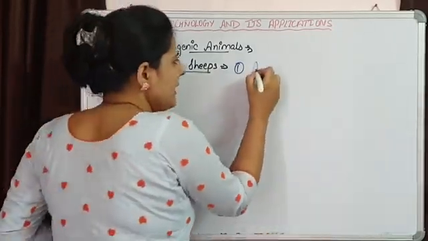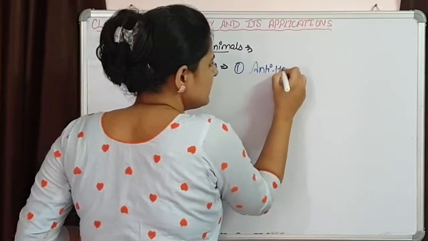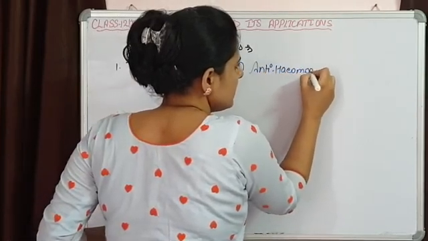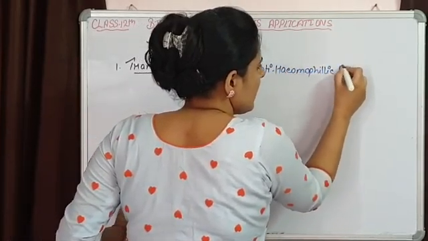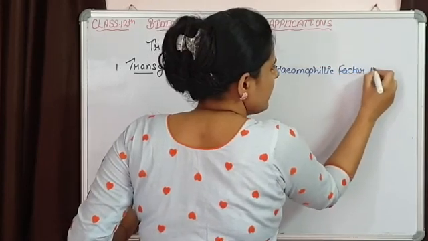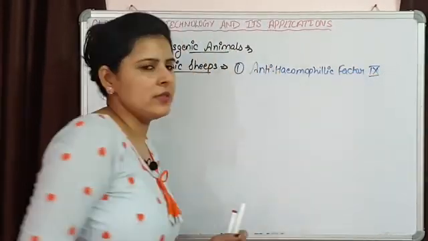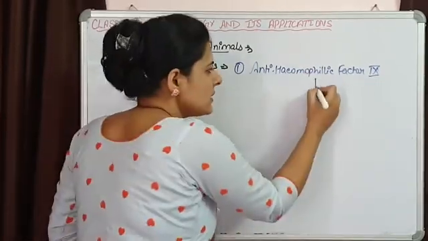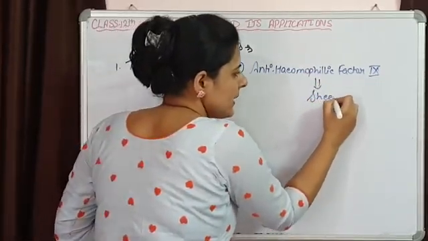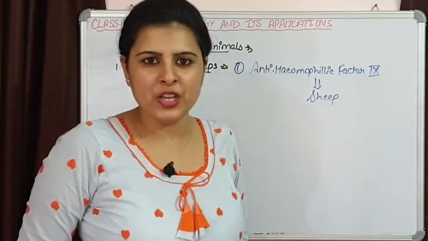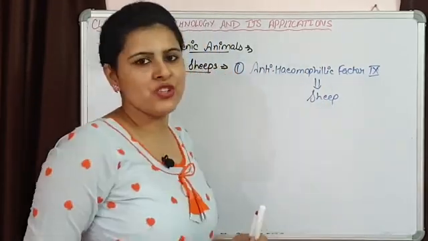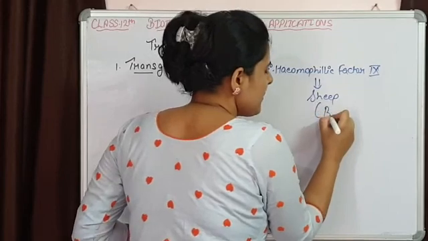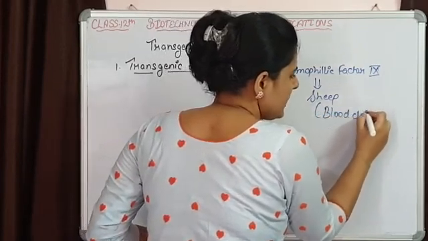So the gene responsible for the anti-hemophilic factor, that is the 9th factor, was introduced into sheep, and this transgenic sheep is responsible for production of blood clotting factor 9.